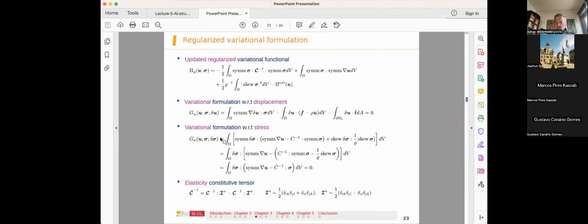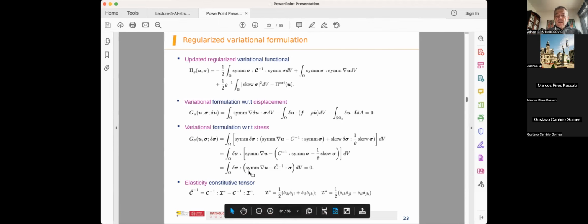Then I take a variation with respect to the stress tensor, and at the end I have something which is written as delta sigma. This is the variation of stress, scalar product with the symmetric part of the displacement gradient minus C minus 1, let's say the corresponding constitutive tensor, which takes into account the contribution of the skew symmetric part, and that part is written here.